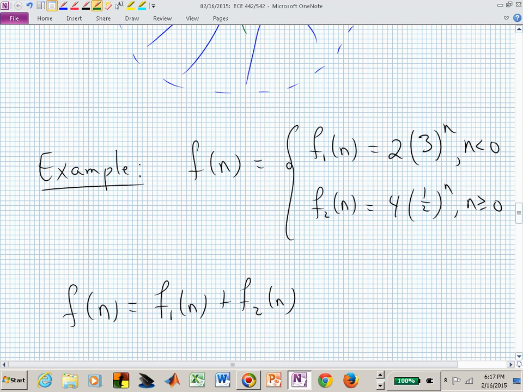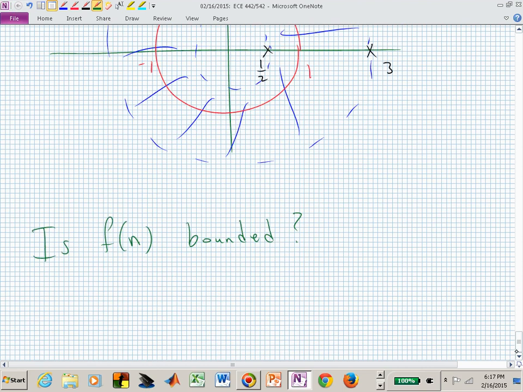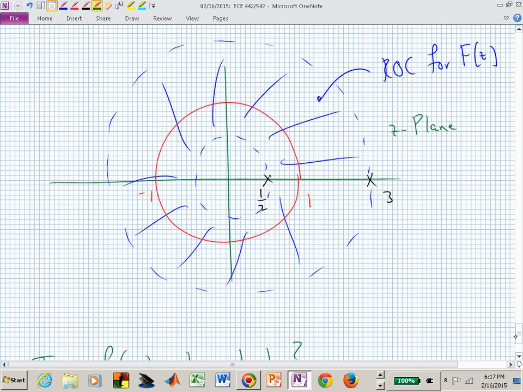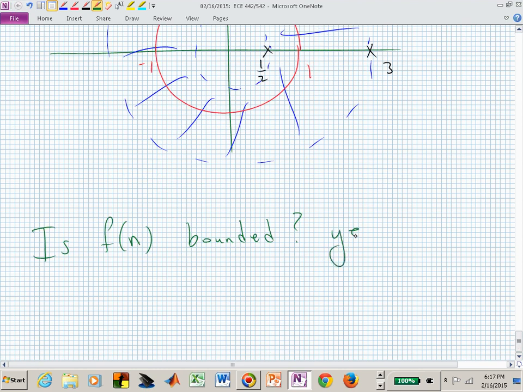And what's happening to the right-sided part, or the causal part? 1/2, 1/4, being scaled by the appropriate value, but that's also bounded. And we knew from this picture of the region of convergence relative to the unit circle that little f of n is in fact bounded. And f of n was two-sided.